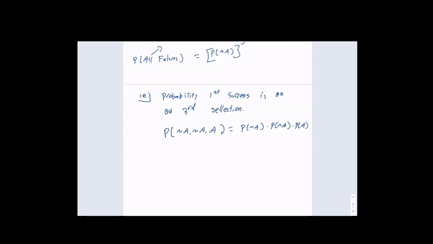But if N was like 12, you don't. So what that would mean is, if the third one was the first success, then the previous two, the first two, were all failures, times the probability of A. And you can technically think of that as the probability of A to the first power, if you wish to.